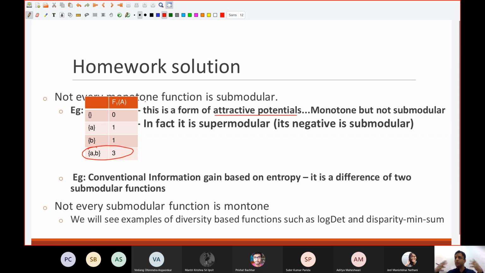When you give a homework problem, just try and construct. In fact, it's supermodular, its negative is submodular. If you try and plot it, it really has not diminishing returns, but growing returns. So instead of becoming like this, it's becoming like this. This is supermodular.